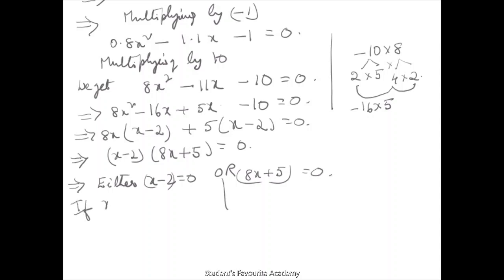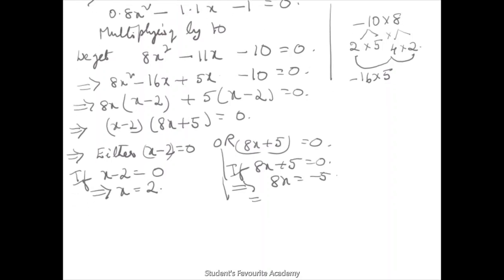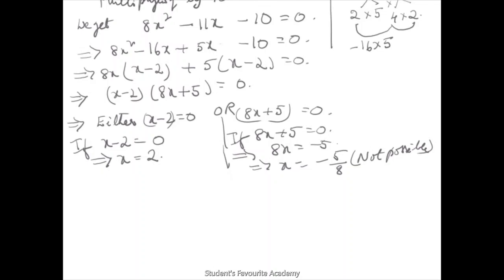Now if x minus 2 is equal to 0 implies x is equal to 2, whereas if 8x plus 5 is equal to 0 implies 8x is equal to minus 5, implies x is equal to minus 5 upon 8. This is not possible because the fraction is given as a positive fraction.